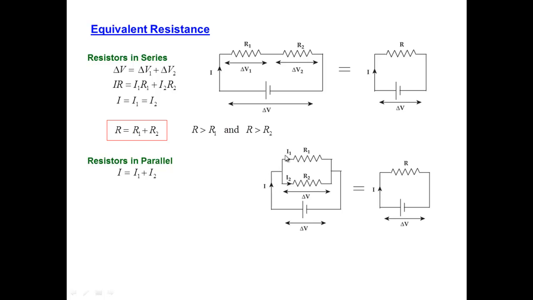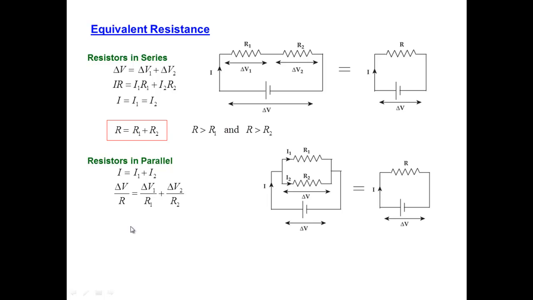Current in equals net current going out. So we can say that I equals I1 plus I2. Then, we substitute in using Ohm's law, I equals delta V over R. So in the equivalent circuit, I is delta V over R. In the original circuit, I1 is delta V1 over R1, and I2 is delta V2 over R2.